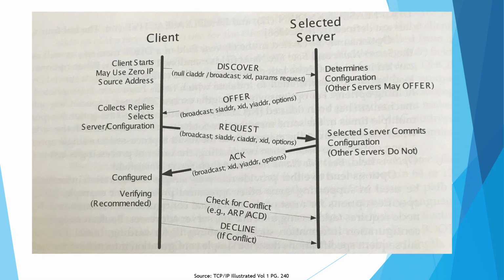And so typically what will happen is you'll just decline that. And then you'll go through the DHCP negotiation process again and obtain a different IP address that is going to be valid on that network and from that address pool.